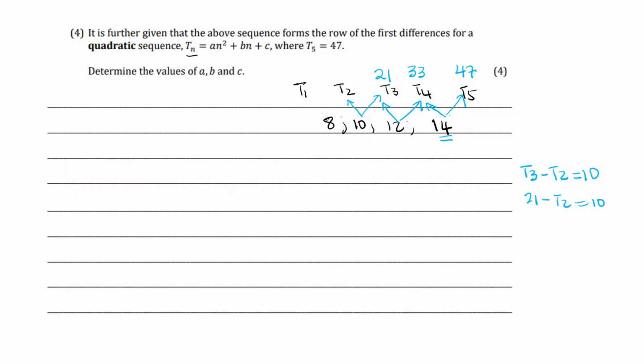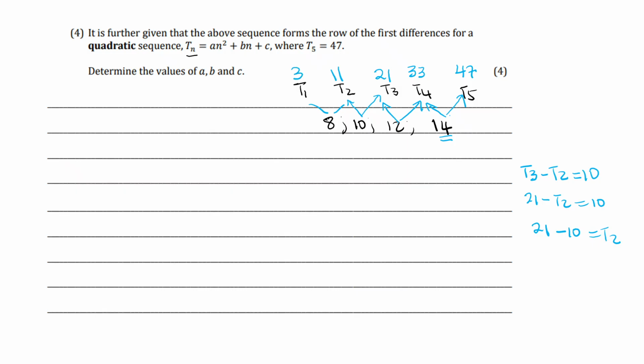The 10 comes this side to be negative, T2 goes on the other side. So this is 21 minus 10, which gives us 11. Then I can do the same and say 11 minus 8, which will give us 3.